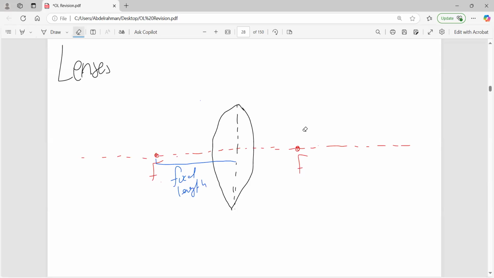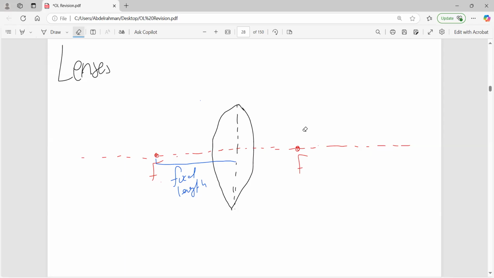How are images produced by these convex lenses? As light travels through the lens, it is a different medium. It could be made of a mixture of plastic and glass, but it is a more dense medium. So as the light travels from air to this medium, it refracts.